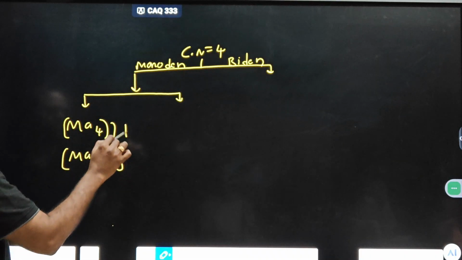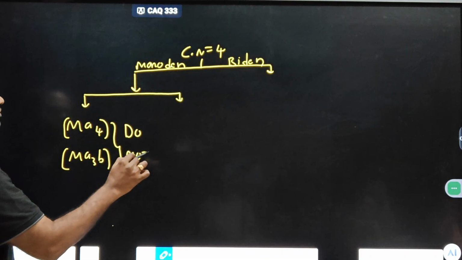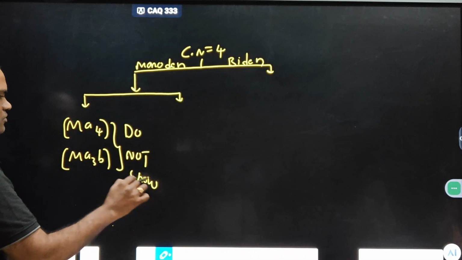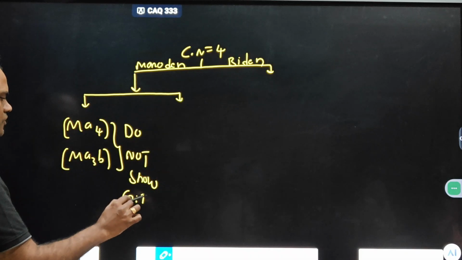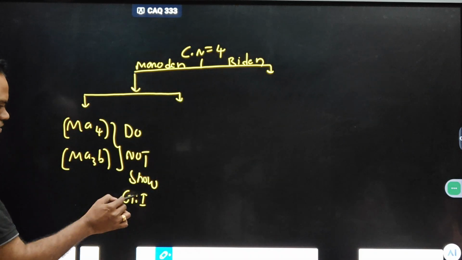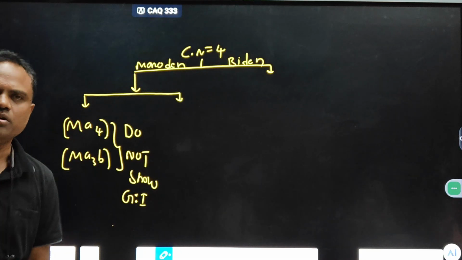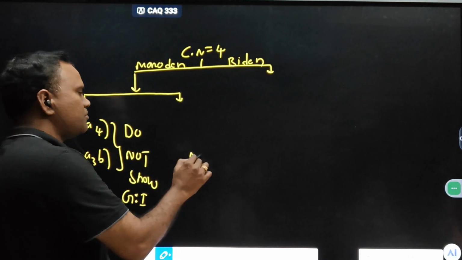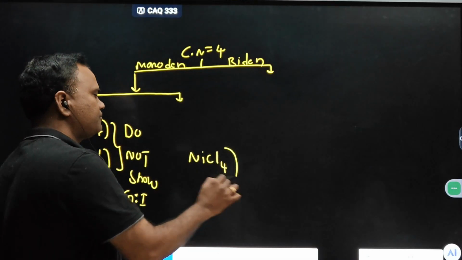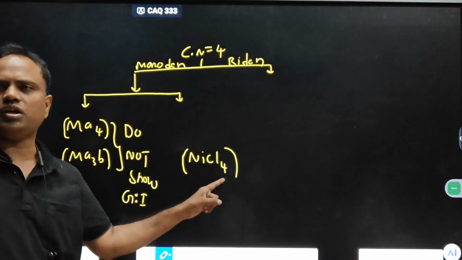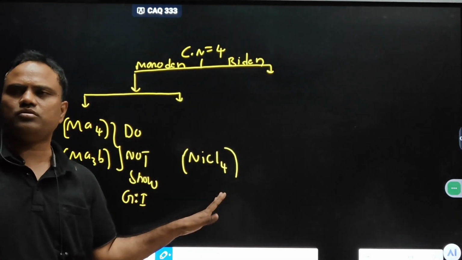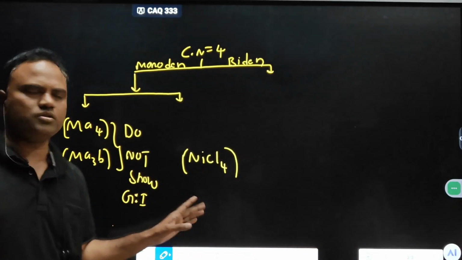These two do not show geometrical isomerism. If you see Ma4 type, it won't show geometrical isomerism.